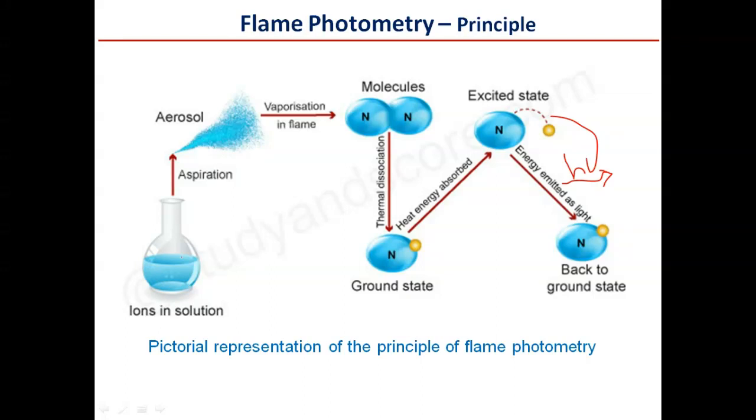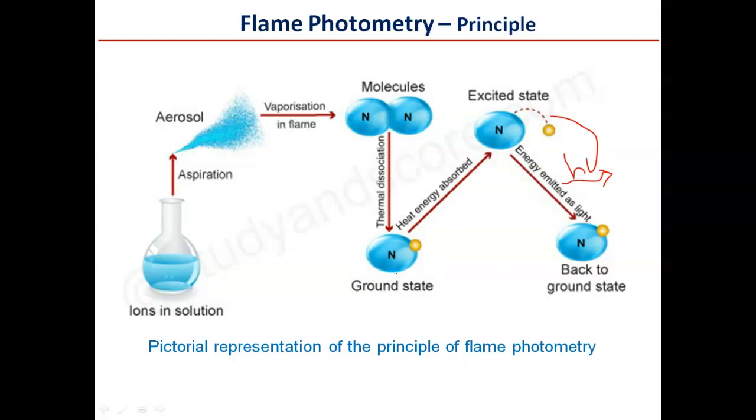It's very simple. We just need to aspirate the sample solution into the flame. Upon aspiration, the next step is evaporation in the flame, which gives a metallic salt, and this metallic salt, upon thermal dissociation because of the presence of heat, is dissociated into its constituent atoms.